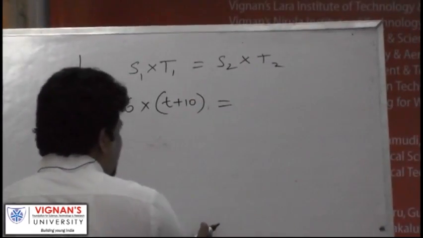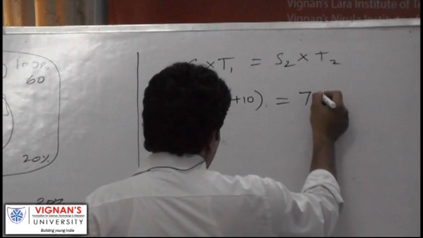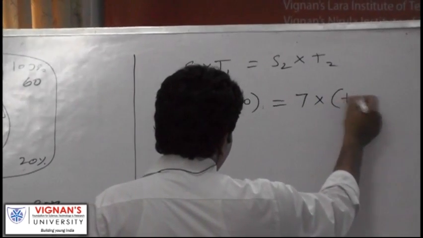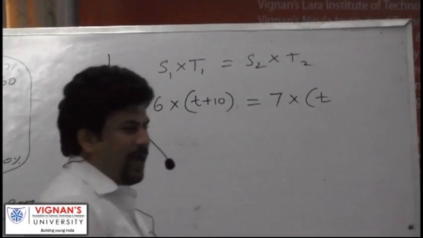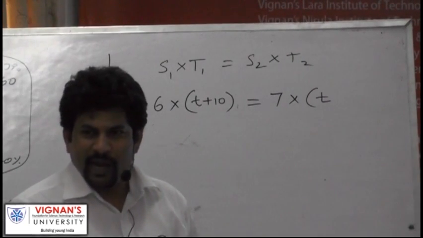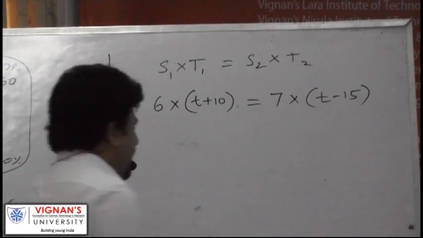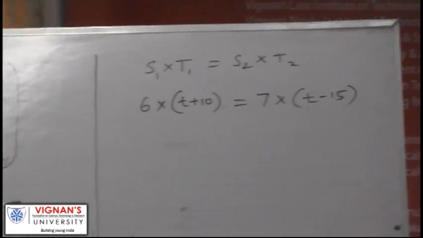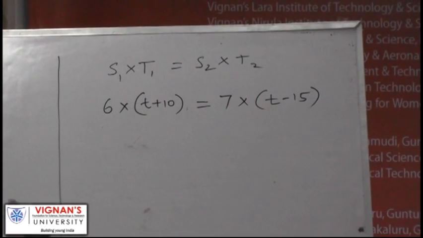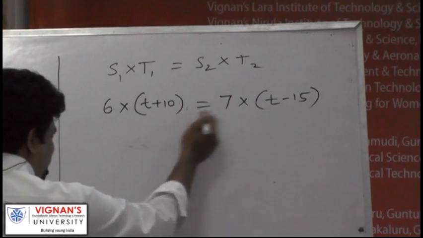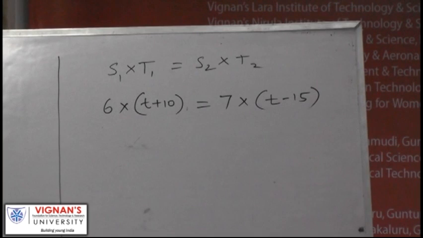Now second case, what is his speed? 7. What is the time? Early by 15 minutes. So T minus 15. So you can find out T. One is in kilometers per hour, the other one is in minutes. But it doesn't make any difference, because if you want to, you divide it by 60, it's the same in both the cases.